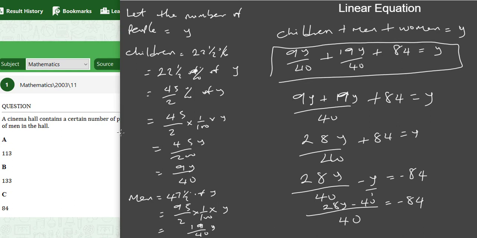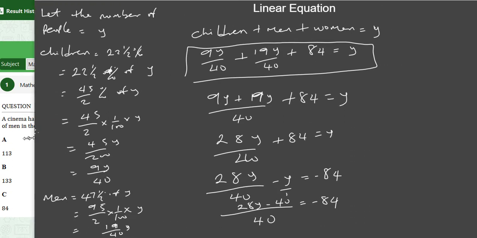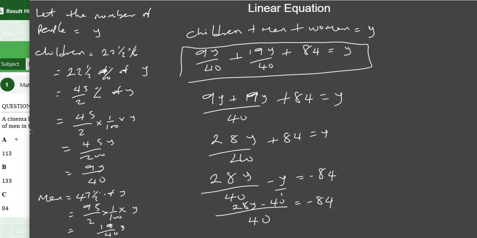So let's continue. The next phase is to simplify what we have at the top, and that will give you 28y minus 40y, which will give us minus 12y over 40.